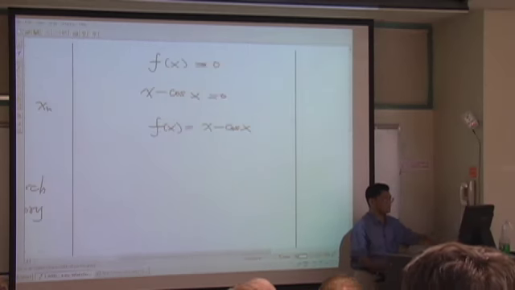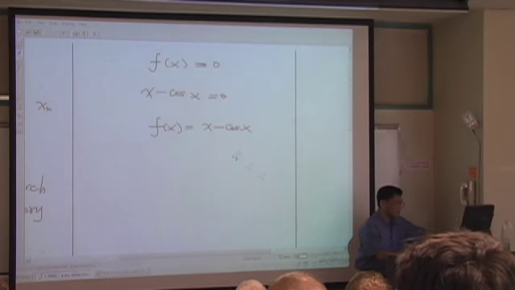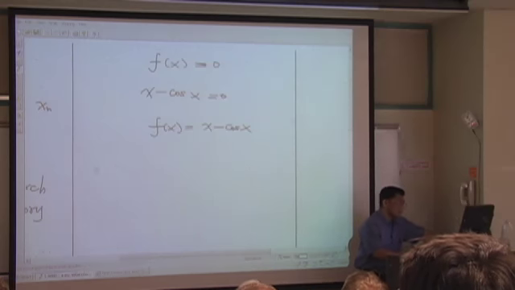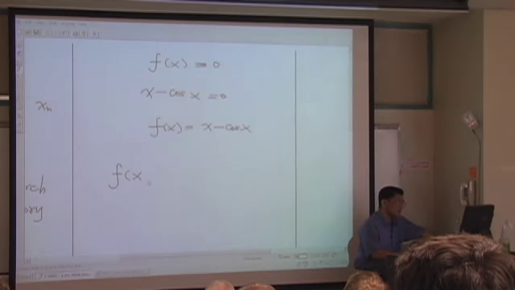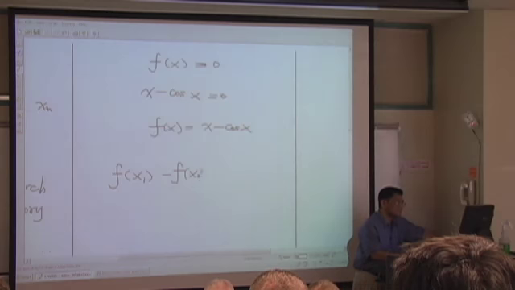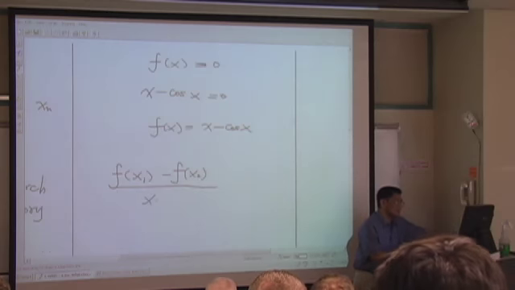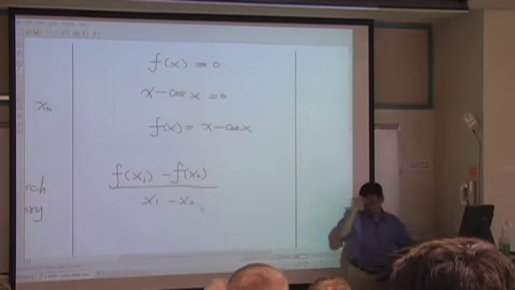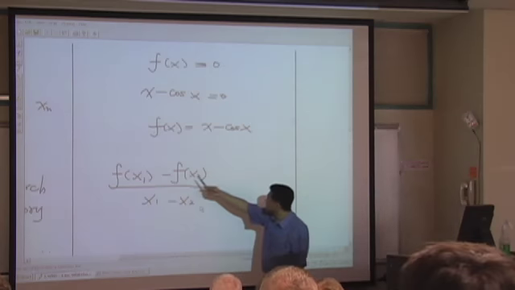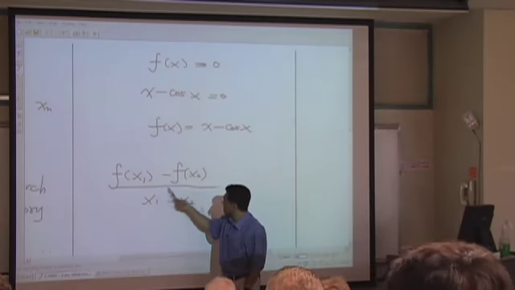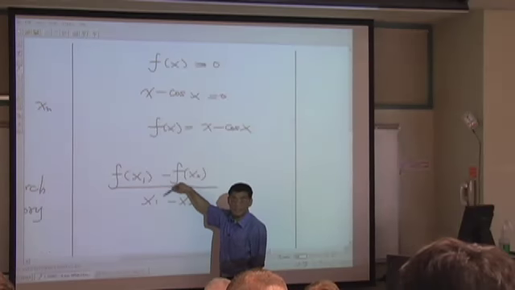We will define this convenient notation. In numerical analysis, we will see this kind of thing many times. x1 and x2 are arbitrary. So we will see this kind of difference, divided difference, many times.